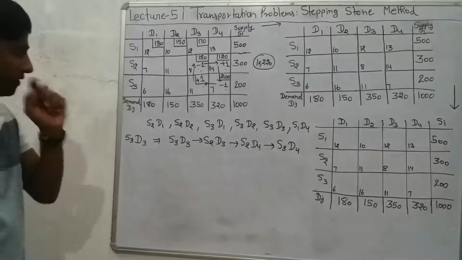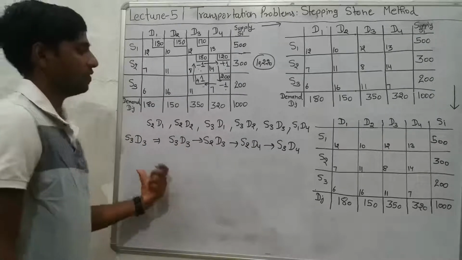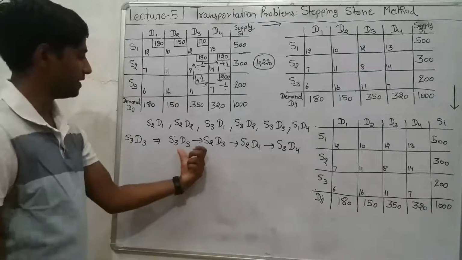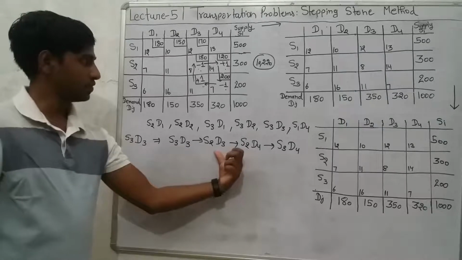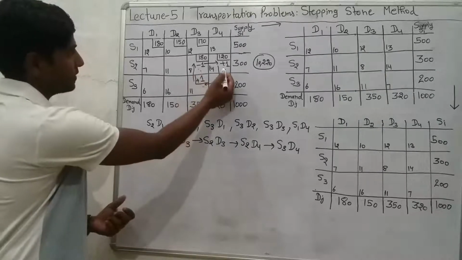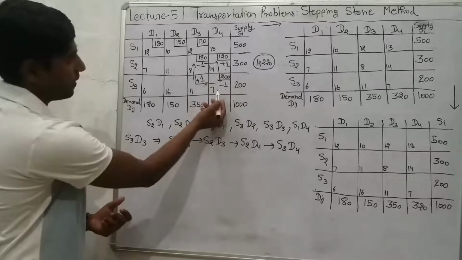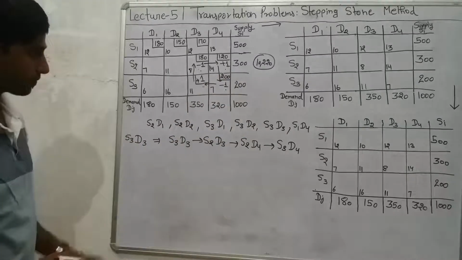In this way we can represent the path of the loop: from S3 D3 to S2 D3 to S2 D4 and to S3 D4.